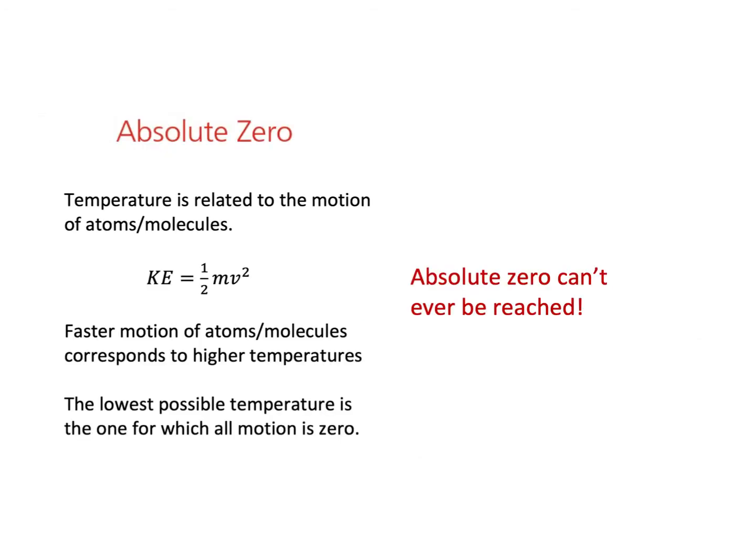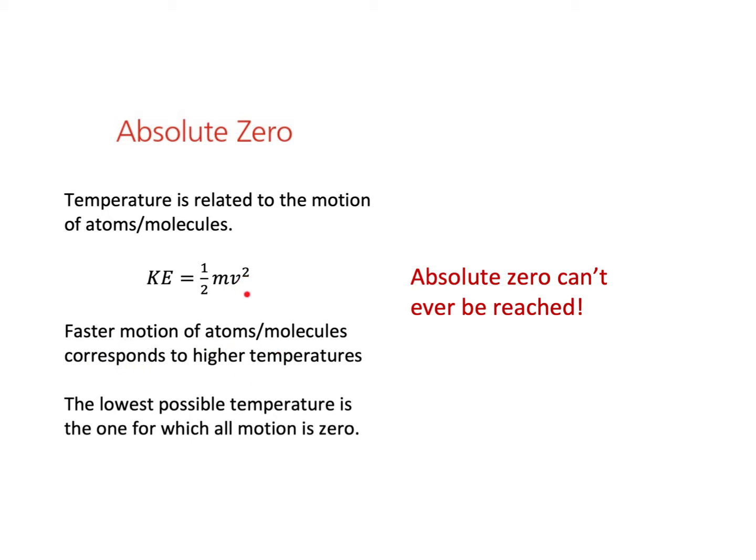Now, the next concept that I want to mention is something called absolute zero. So let's go back and look at our definition of temperature. Temperature is the average kinetic energy, 1/2 mv squared, of all the atoms and molecules of their motion. And so temperature is related to the motion of atoms and molecules. The faster something moves, the higher its temperature.